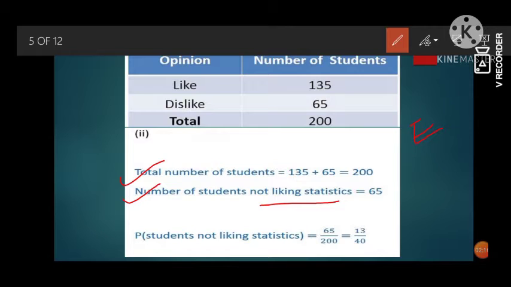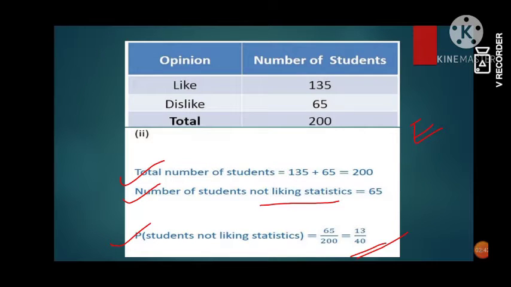So the probability of a student not liking statistics is the number of times the event occurs by the total number of students, so here 65 by 200. If we simplify, we will get 13 by 40. So this is our sum number 7, subpart 2.